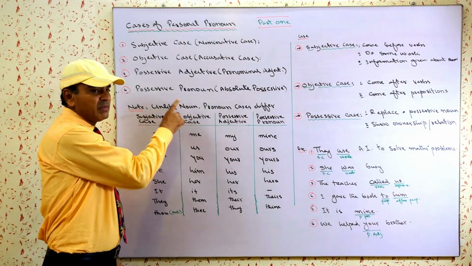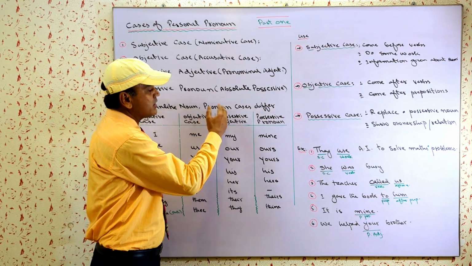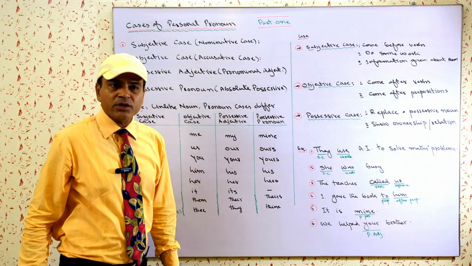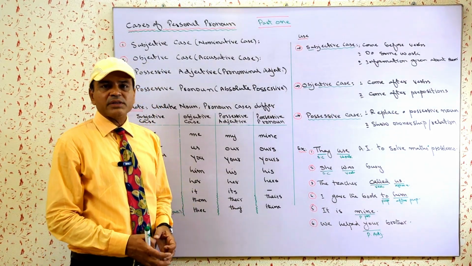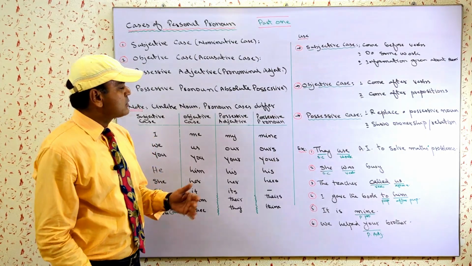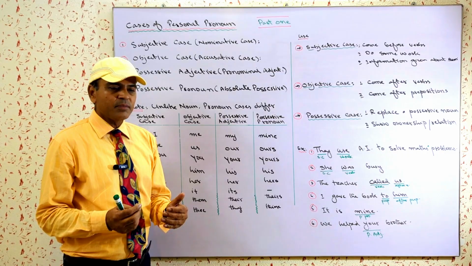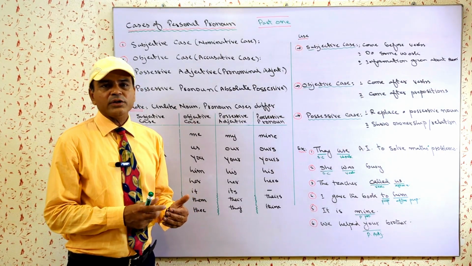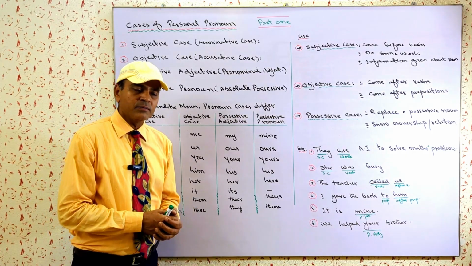Unlike noun, pronoun cases differ from each other. If you remember from my previous lecture, we learned that noun also has these cases, but subjective case and objective case are alike. There is no difference between them unless they are used in a sentence.